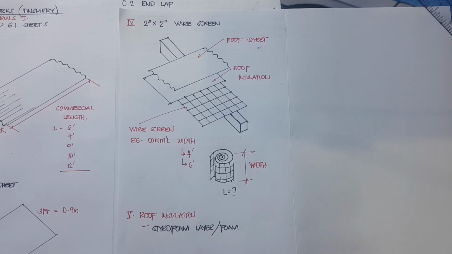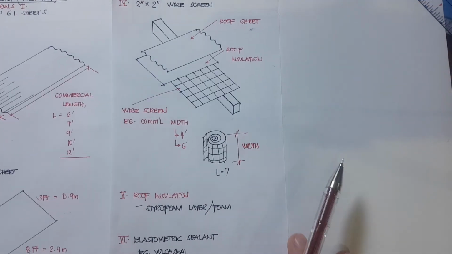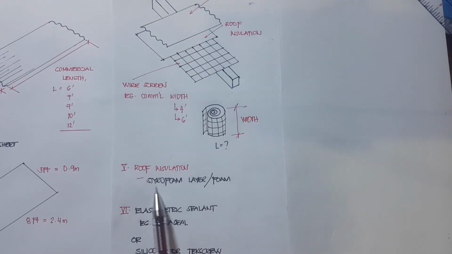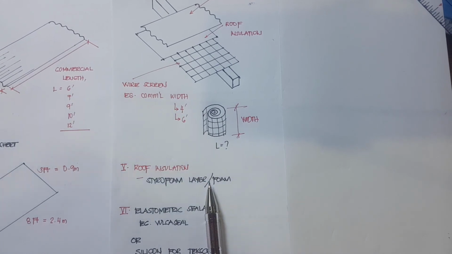So that is a function of an insulator. So yung roof insulation natin, we are using the styrofoam layer or foam. And yung sa kabilang side nito, yung parang makintab na metallic side, and sa kabilang side would be the foam layer, if you're familiar with that material.